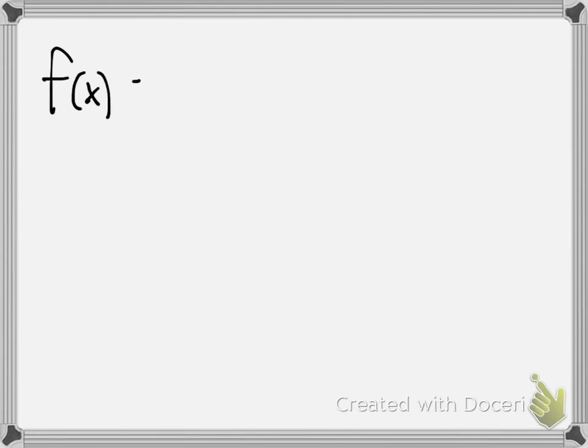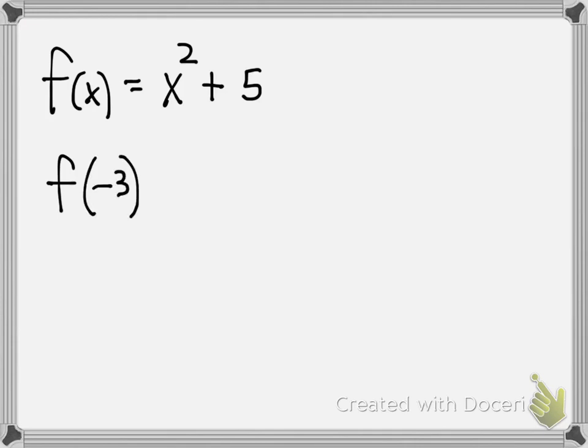Okay, so let's pretend we have this function. f of x equals x squared plus 5. So how you can evaluate, you pick a number. Let's say I want to know what f of negative 3 is.